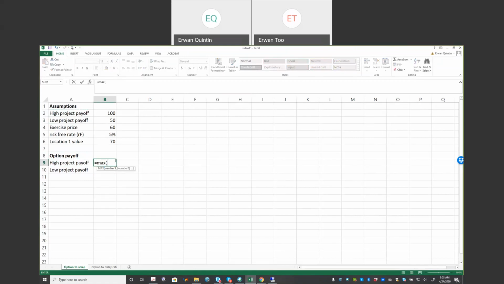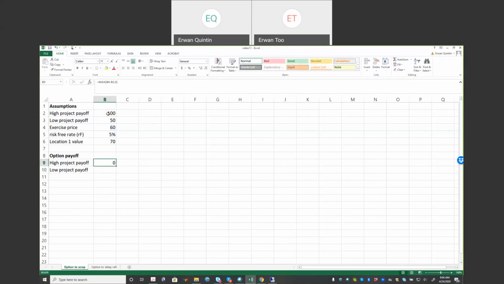First is exercising the option to scrap. If I exercise the option to scrap when the project payoff is high, I get 60, but I lose 100. If I kept the project, I would keep 100. And of course, I can either do that or nothing, and nothing has a value of 0.